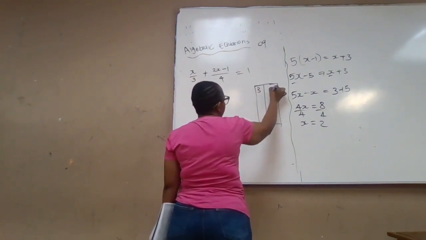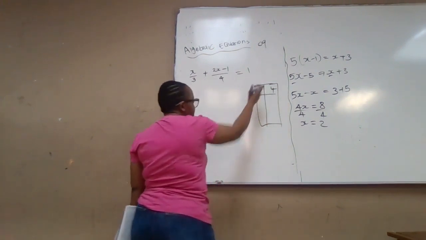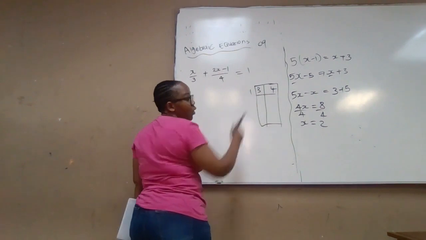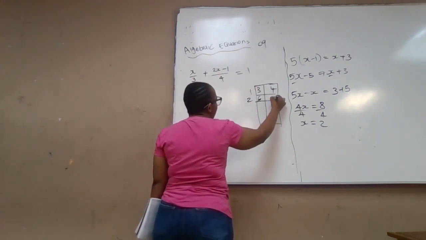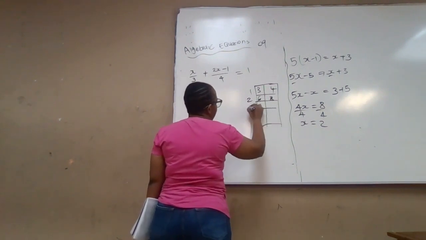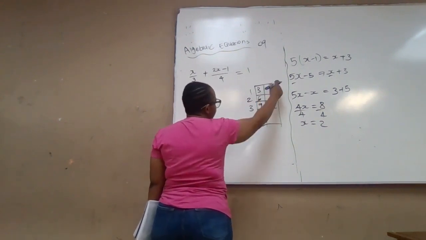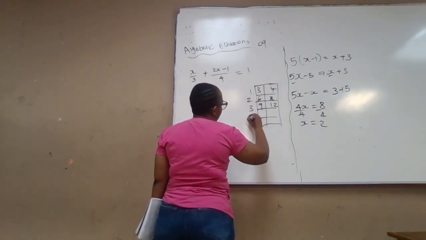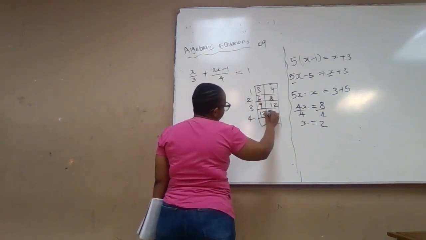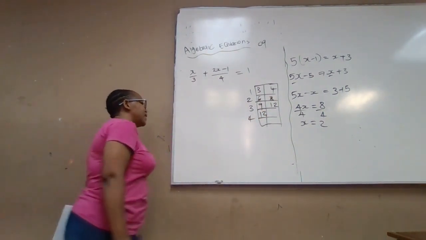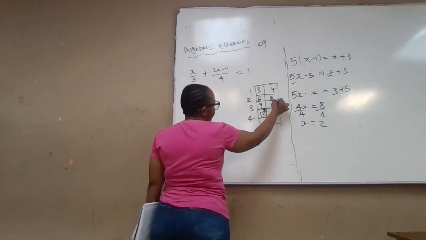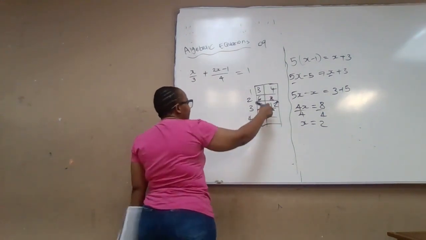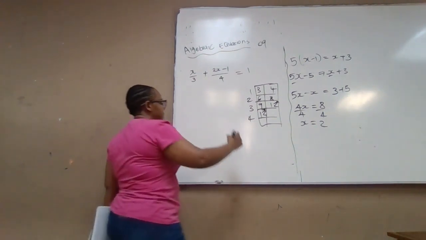You have 3, you have 4. 1 times 3 is 3, 1 times 4 is 4. 2 times 3 is 6, 2 times 4 is 8. 3 times 3 is 9, 3 times 4 is 12. 4 times 3 is 12. You stop when you find the same number in the columns. So we have 12 here, and we have 12 here. That means 12 is our LCD.